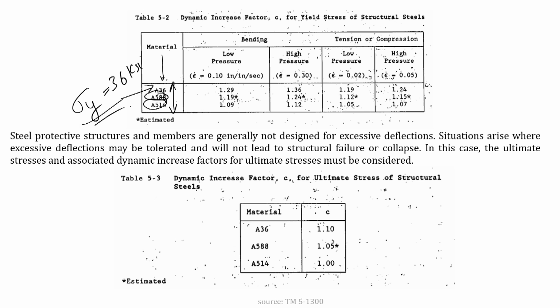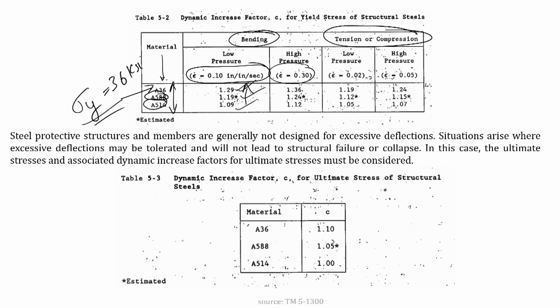So, the behavior of these components under different loading conditions: this is the behavior under bending and this is the behavior under tension or compression. Under the low strain rate and under the high strain rate, there is an increase in the value of the yield stress.